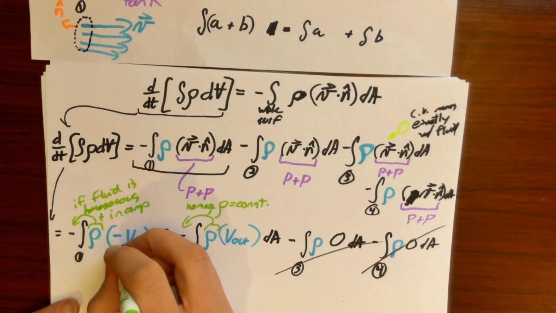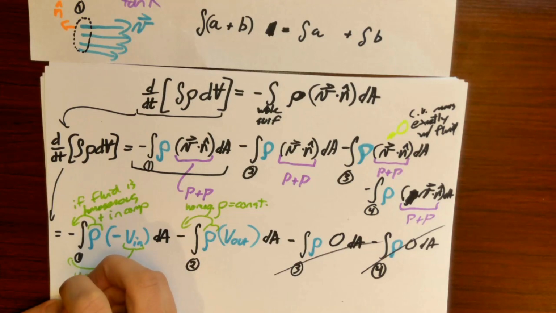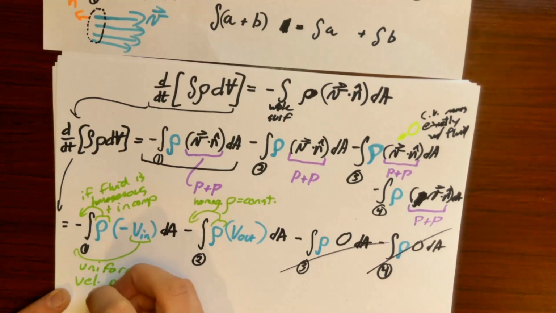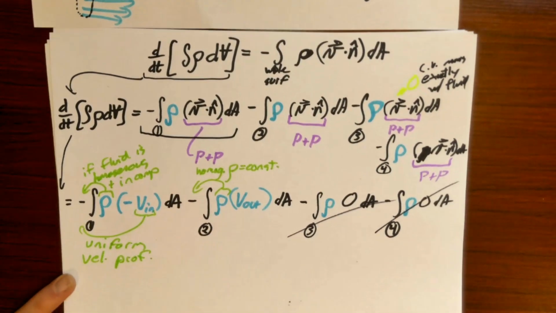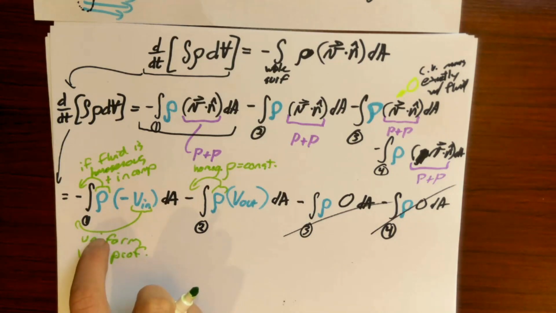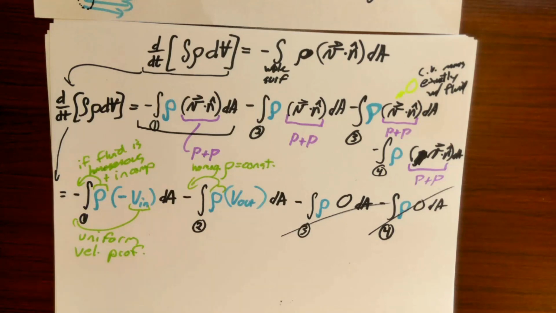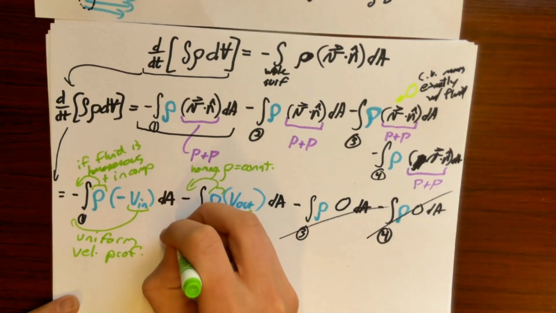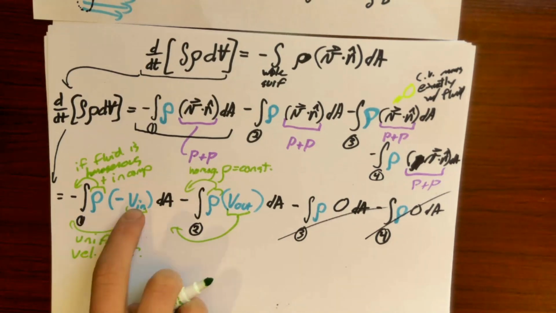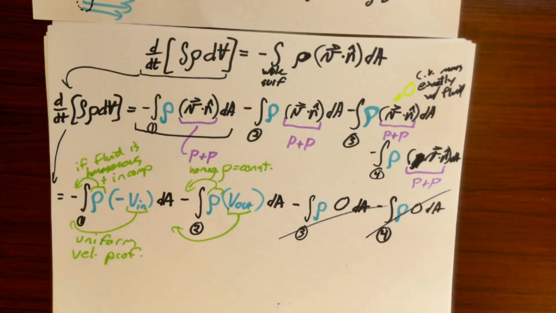In that case, we can pull V in out if we have a uniform velocity profile. It's a constant over the area of surface 1. Now, V in doesn't need to be the same as V out, but just with respect to surface 1, V in is a constant that we can pull out. And just with respect to surface 2, V out is a constant that we can pull out.